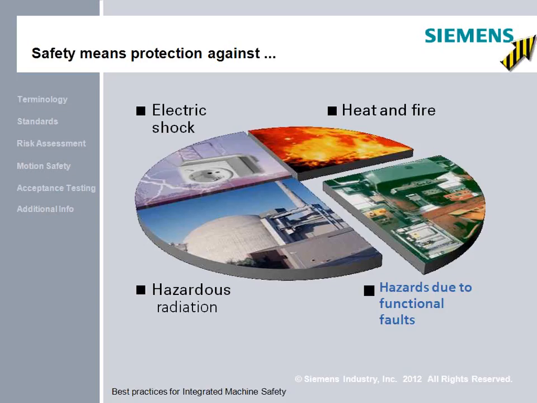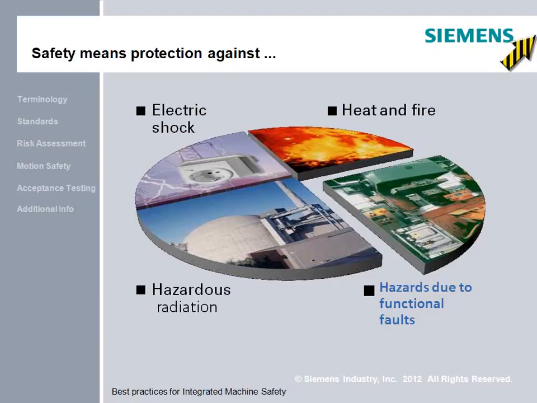What does safety mean in the context of this discussion? For our purposes, we're talking about functional safety, the operation of a machine, the prevention of unexpected operations or unexpected failures.